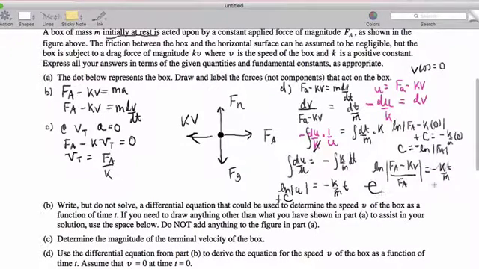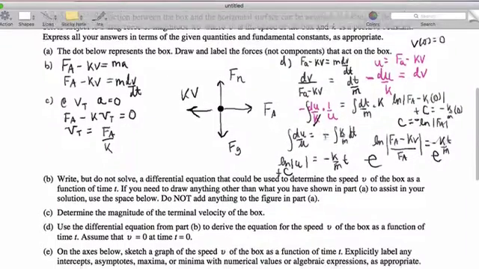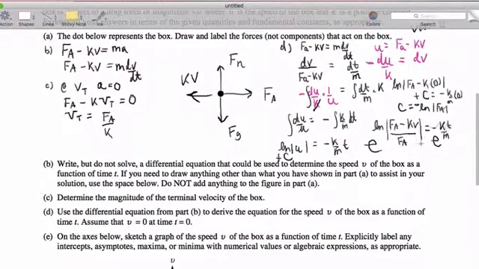I'm going to exponentiate both sides, and when I do that and simplify, what I'll get is that v of t equals Fa over k, 1 minus e to the negative kt over m. So this will be our answer right there.